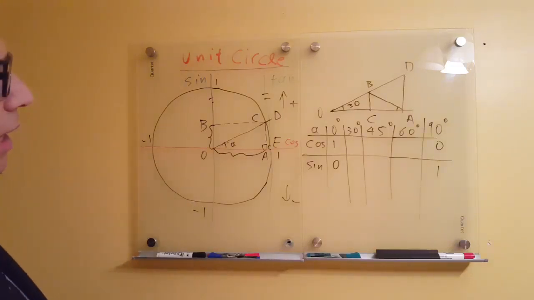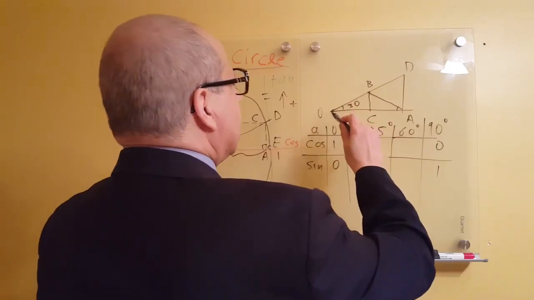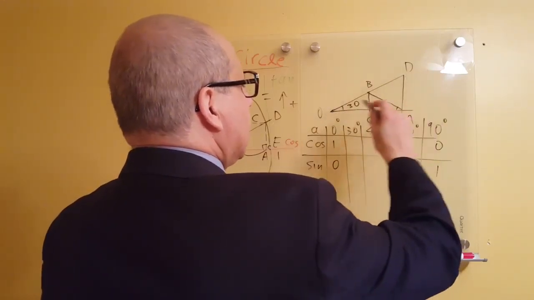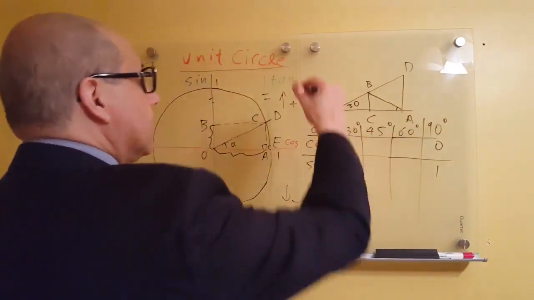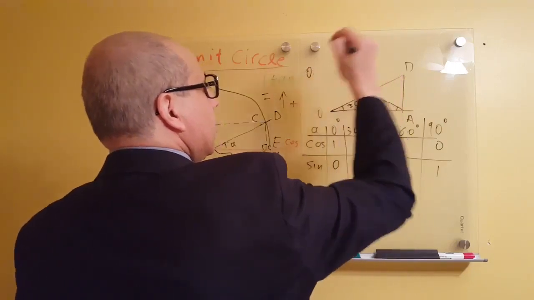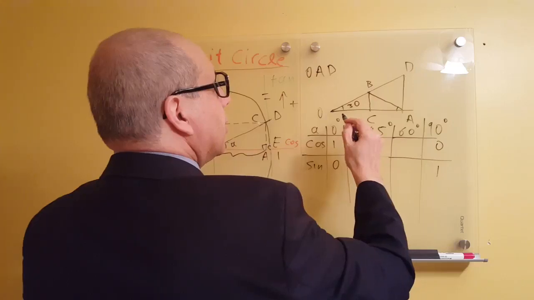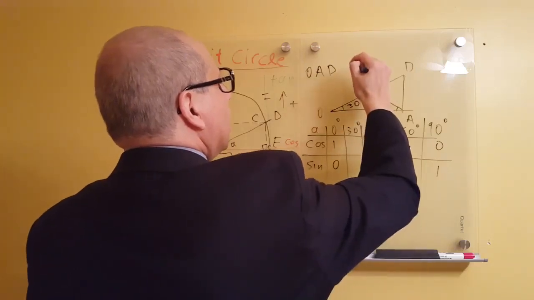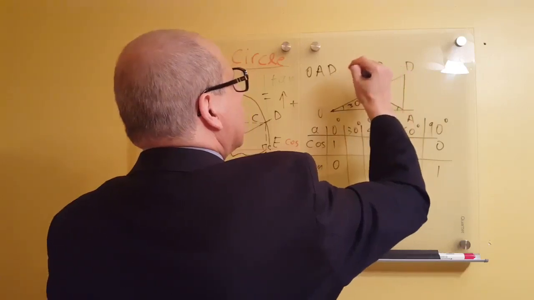Now if I look again at these two triangles, ODA and OBC, let's write them here: OAD and OCB.